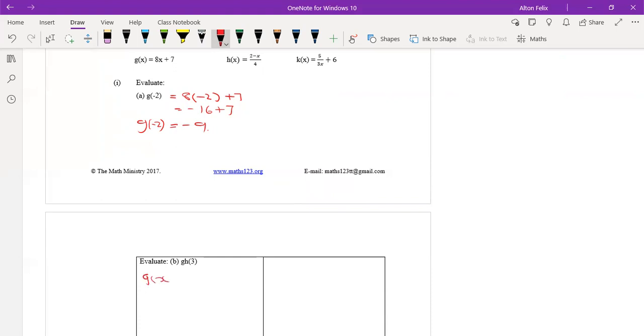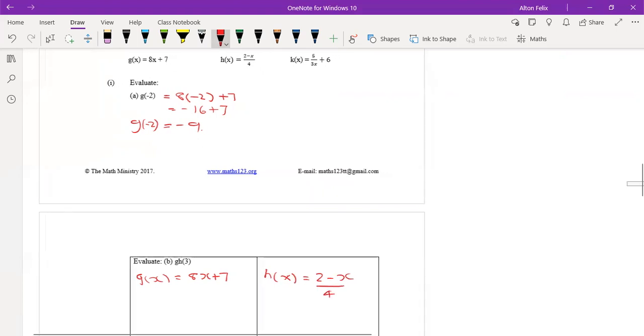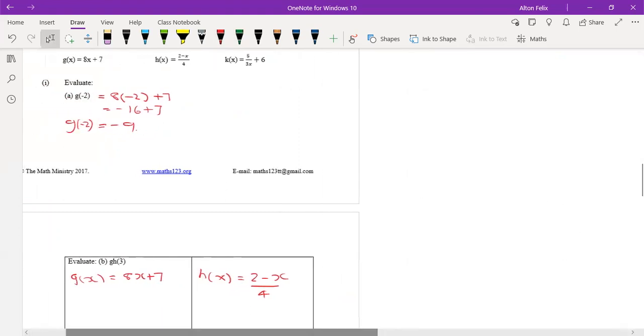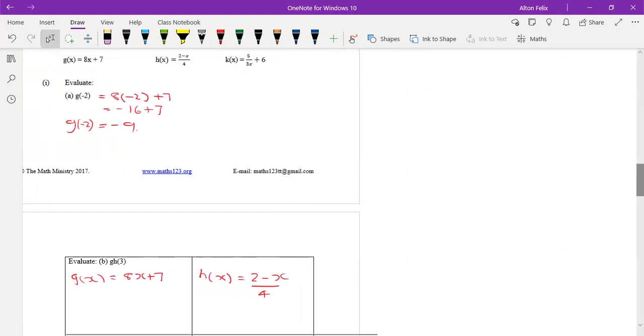G of x is equal to 8x plus 7, and h of x is equal to 2 minus x divided by 4. Right, so we are in a good place. We can now proceed to solve that problem there. Okay. Let's come down a bit.